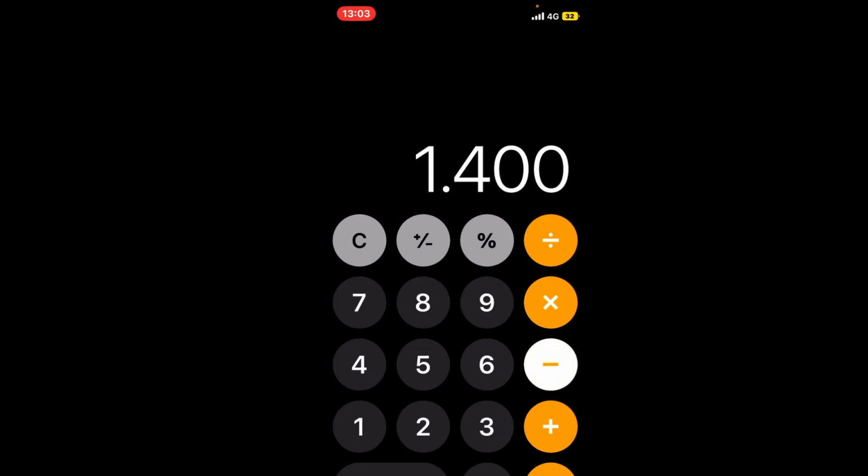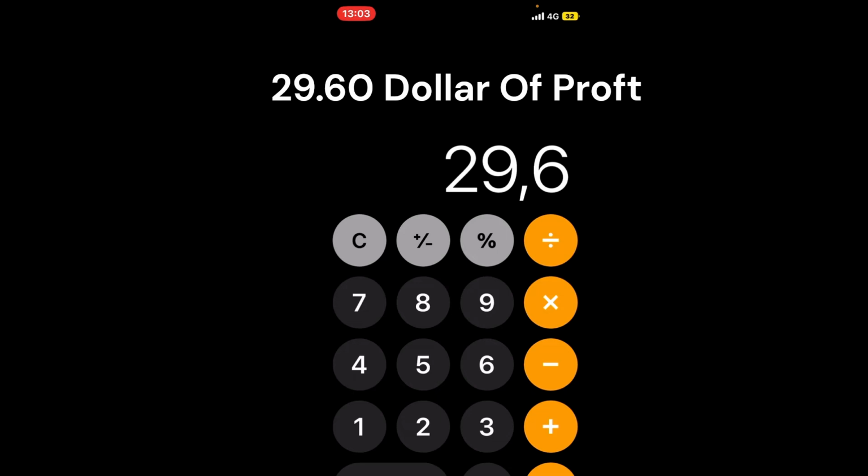Minus $1,370.40. So in this trade, we make a profit of $29.60.